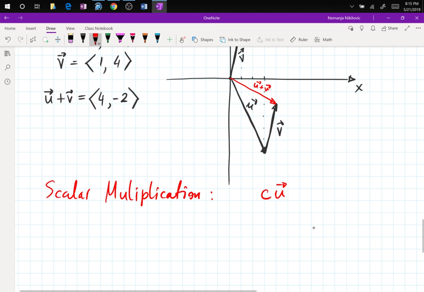So c times u. I'm going to bring it closer. Give me a second. So c times vector u is c times ux, uy, which is cux, cuy.